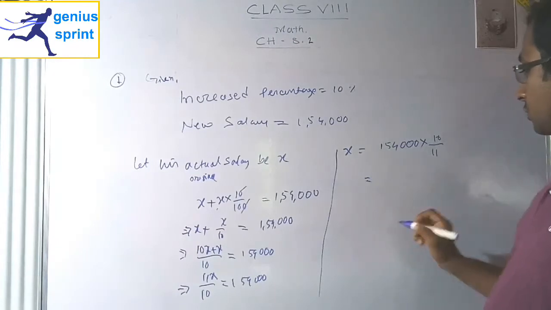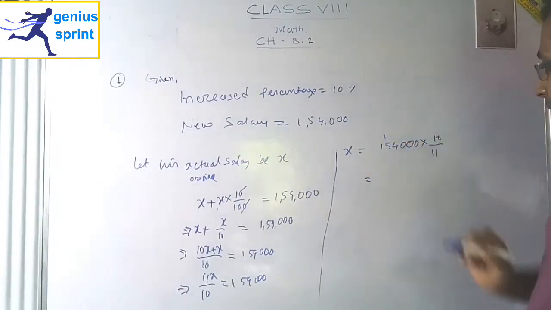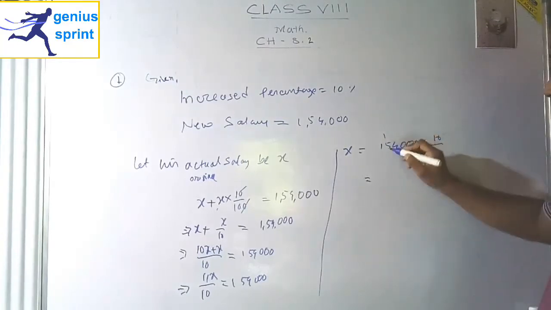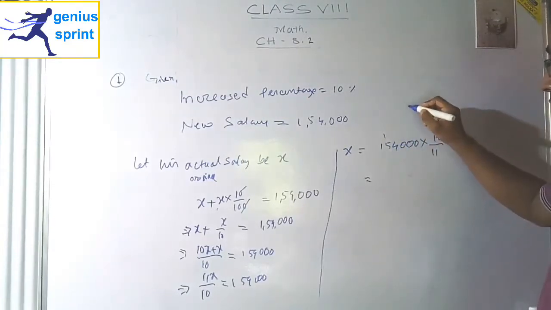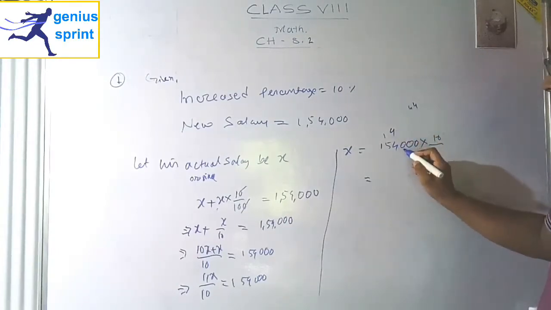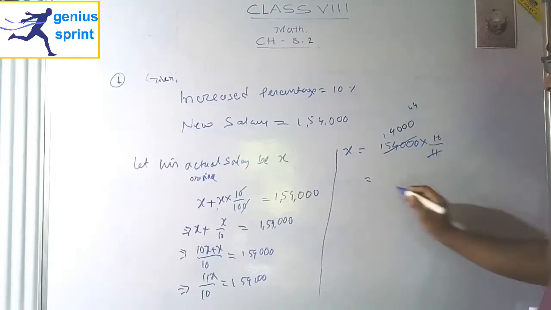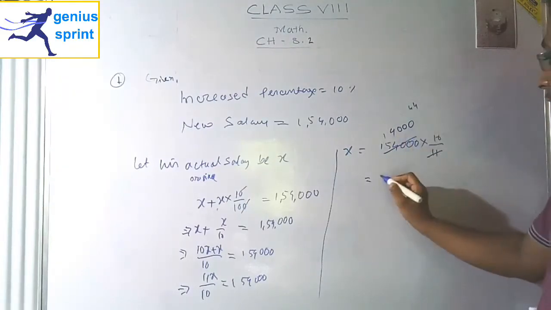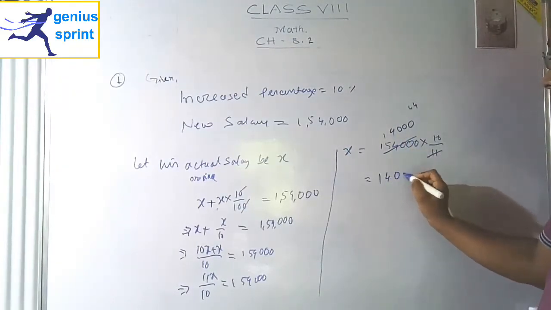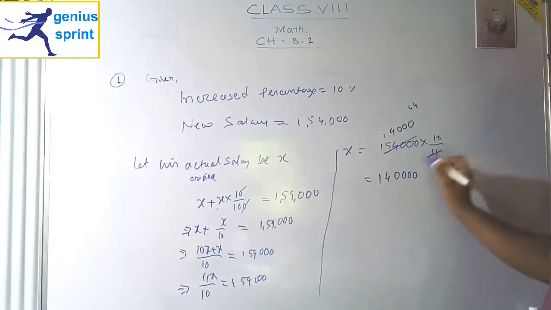If I cancel out here, 11 ones are 11, we get 4. Subtracting, 4 11s are 44, and here it is 30. Cancelling these, you get 10 into this, which gives 140.